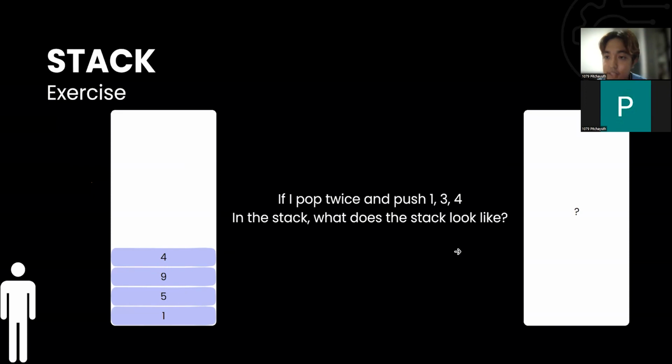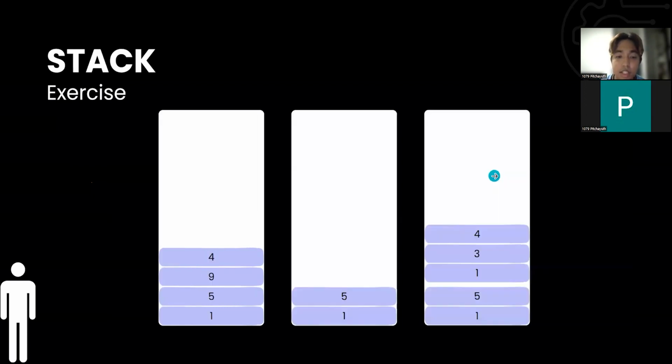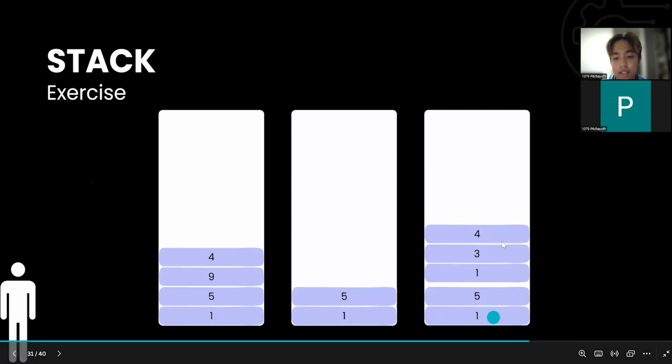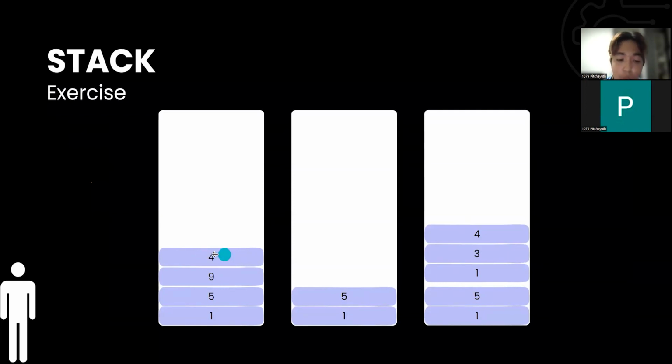Let's move on to the exercise. You can stop the video and do it by yourself. Okay, I think you have finished now. We will go through the answer. The steps will look like this. First, we will pop twice. In the first pop, we will delete the fourth element, the element that contains the value 4, and in the second pop, we will delete 9.